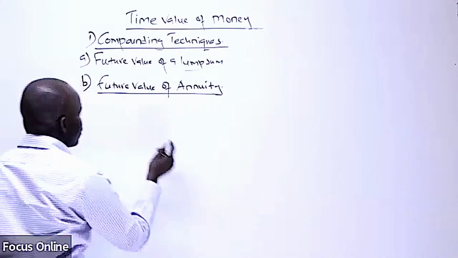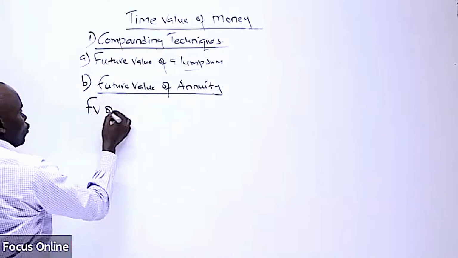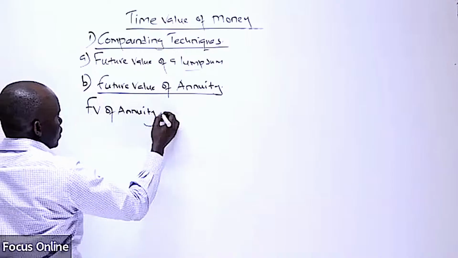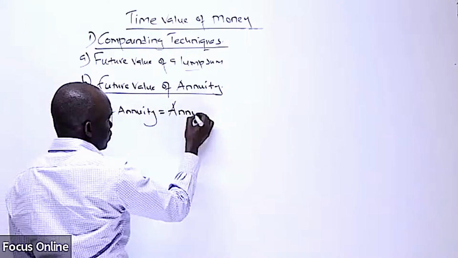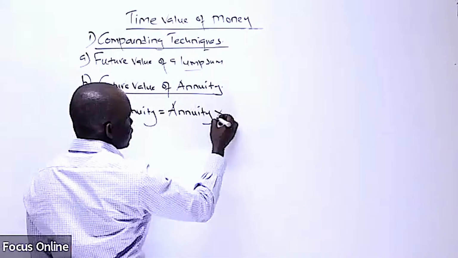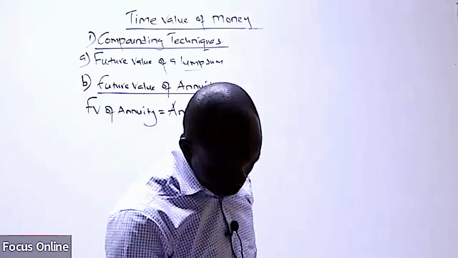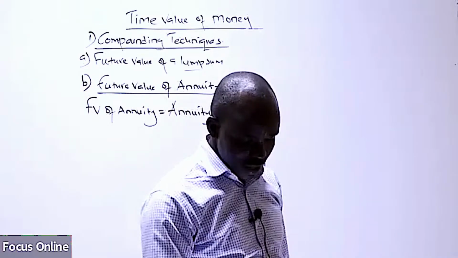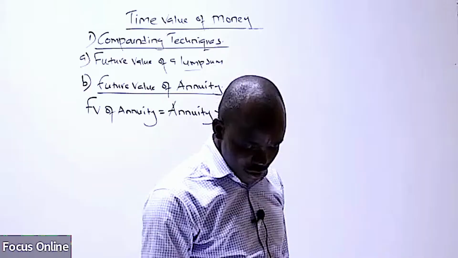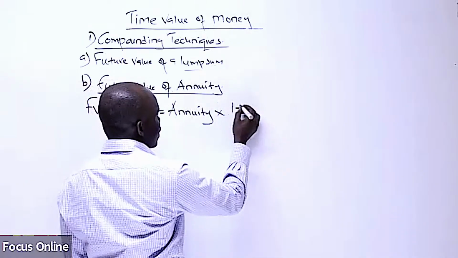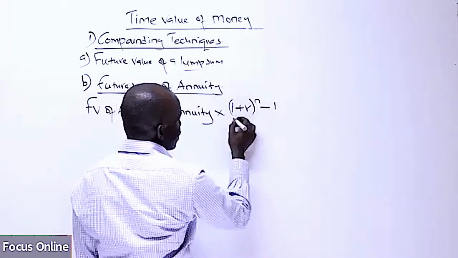Future value of annuity is equal to the annuity amount times the future value annuity factor, which is 1 plus r power n minus 1 over r.